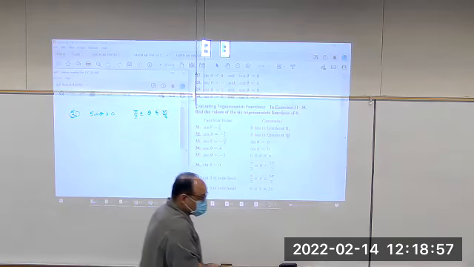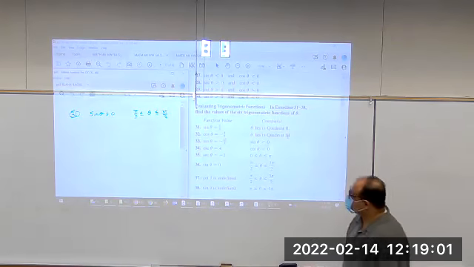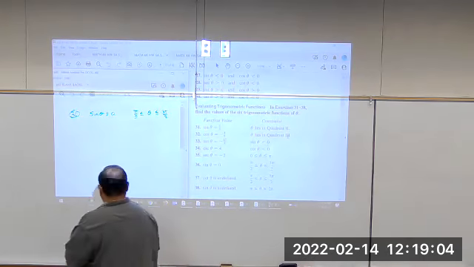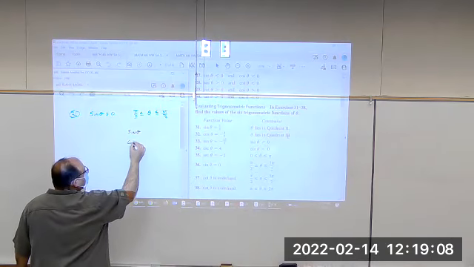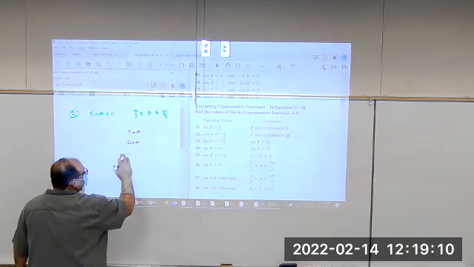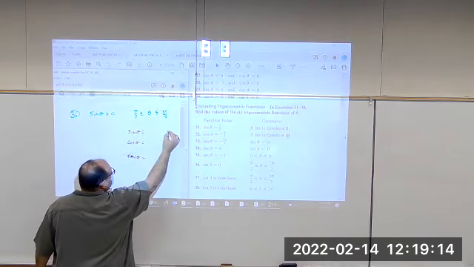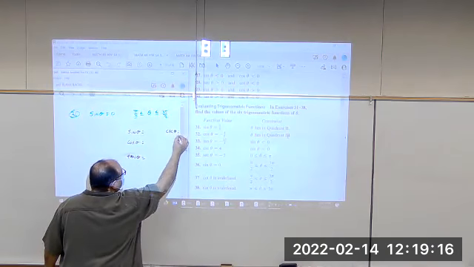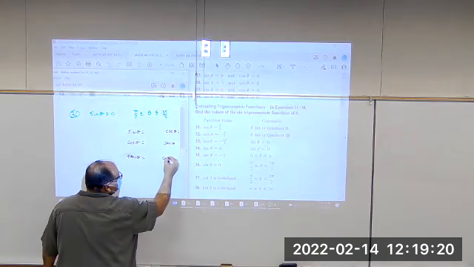That's the constraint. That's the restriction on the theta. And we've got to fill in sine of theta, cosine of theta, tangent of theta, cosecant of theta, secant of theta, and cotangent of theta.